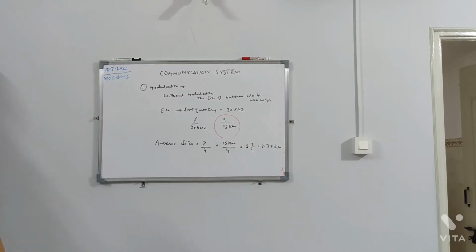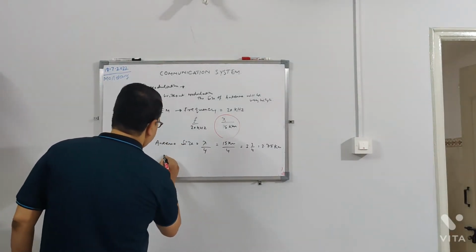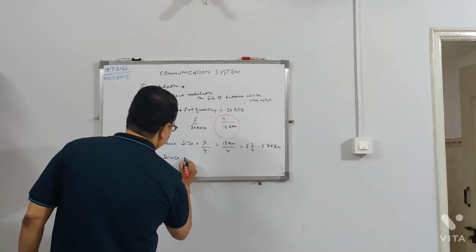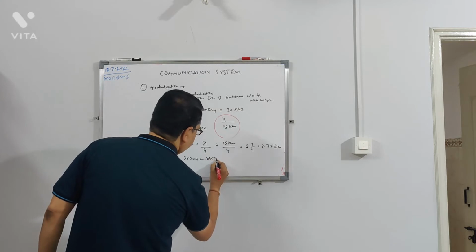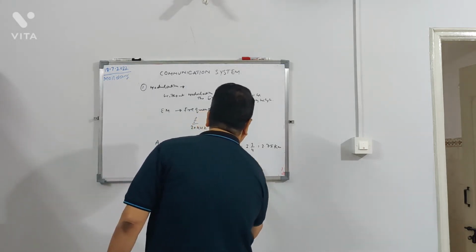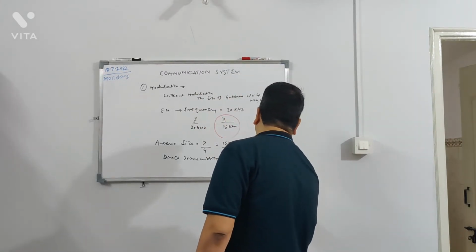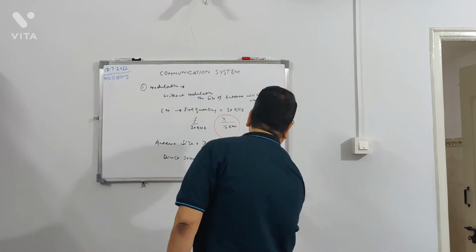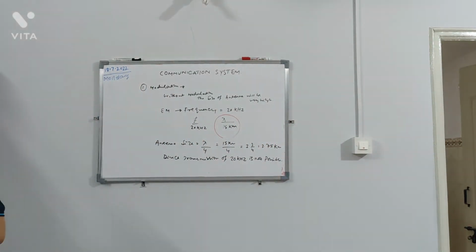So direct transmission of such a baseband signal is not possible. Direct transmission of a 20 kilohertz signal, a signal of such low frequency, is not possible. So that's why we have to do modulation.